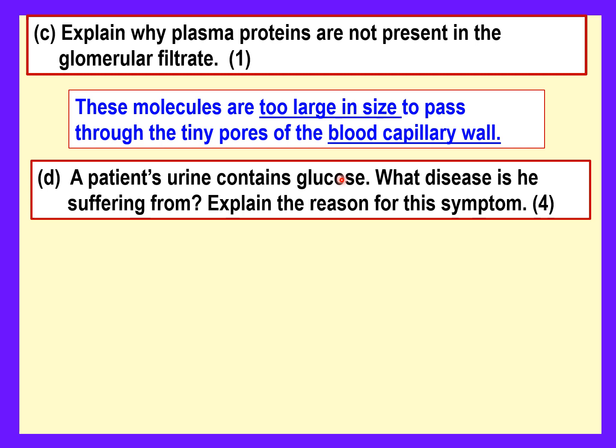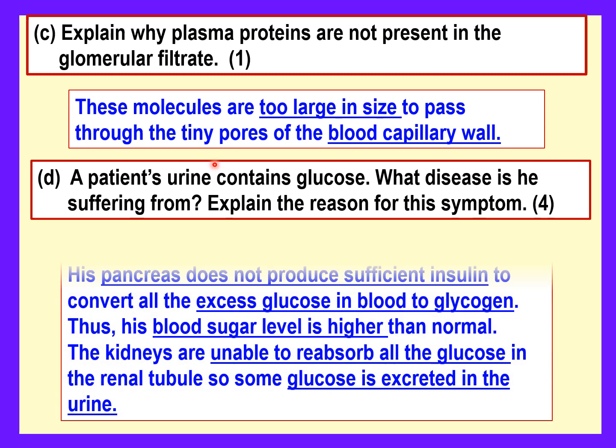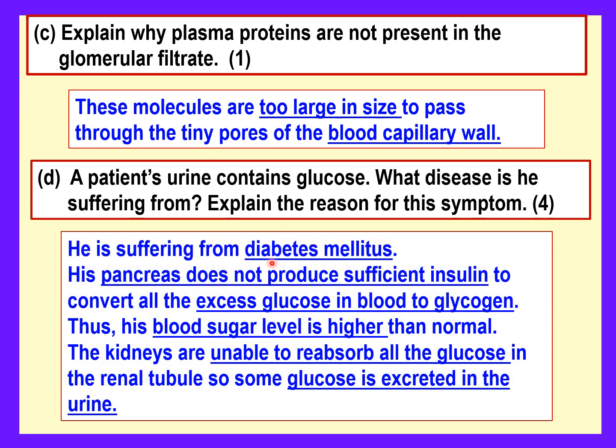Please don't write the urine tastes sweet if you're asked to give a symptom of this disease. What disease is it? Diabetes mellitus, or in Malay penyakit kencing manis. I have some students writing the urine tastes sweet, but you cannot write taste sweet because nobody is going to taste the urine at all. So the urine containing glucose is one of the symptoms of the disease.